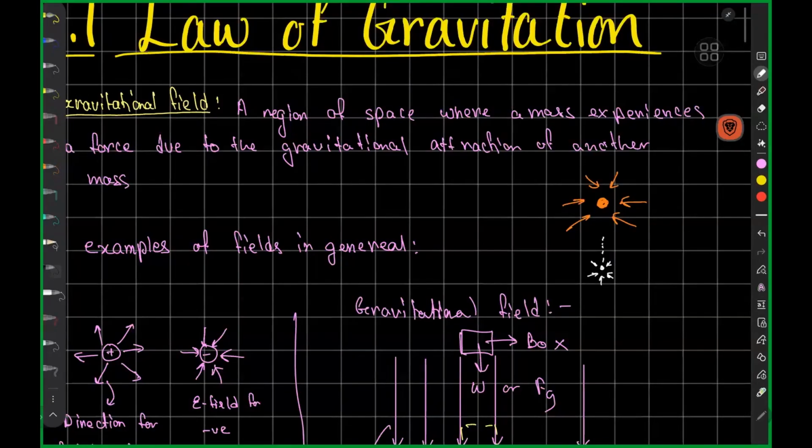Now, when both of these objects interact, only then do you feel the effect of the gravitational field. If I didn't exist, I wouldn't know where the gravitational field is or how it is felt. That force is only felt when there's an attraction between two objects.